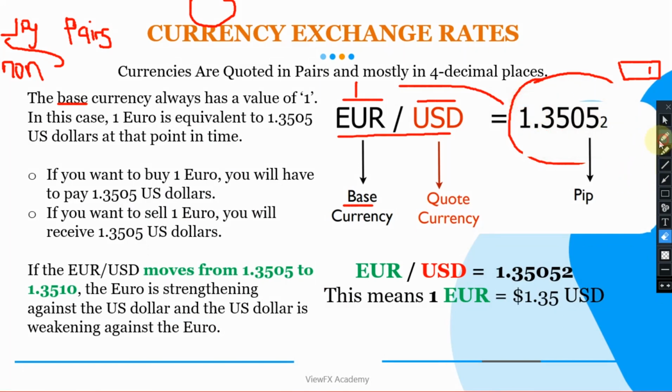So we say for non-JPY pairs, ignore this last number and consider the 4 digits after the decimal point. The 4 digits after the decimal point are known as a pip, while the 5th one is what we call the pipette.